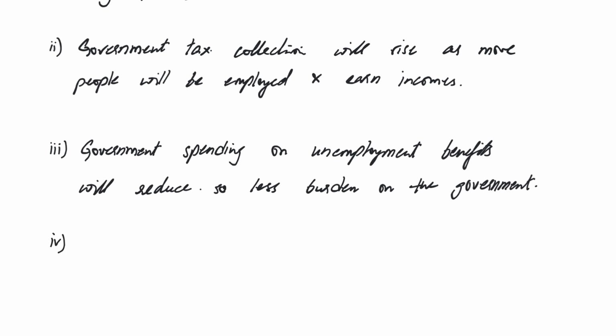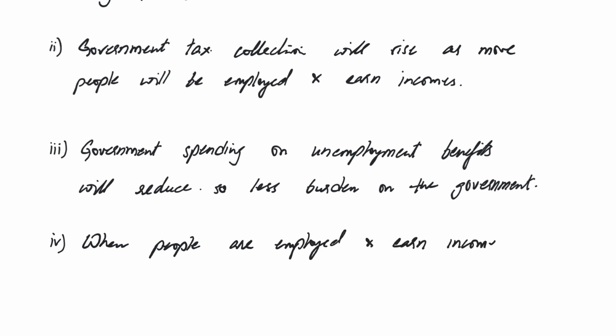Besides that, since people will be working and earning, they will be able to afford goods and services. So when people are employed and earn incomes, then social unrest and crime fall as a result of that.